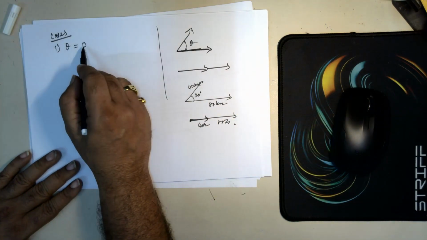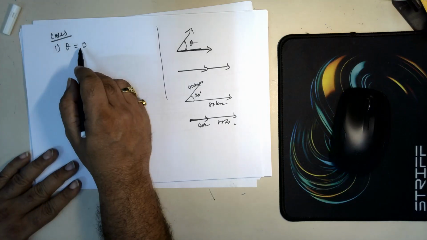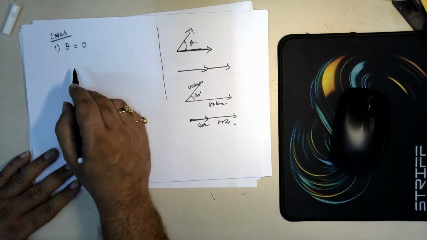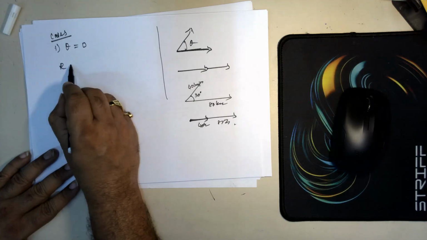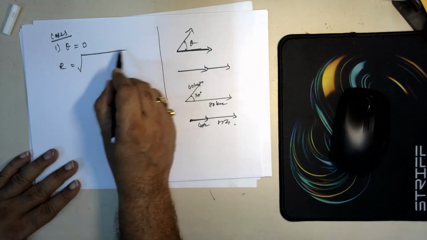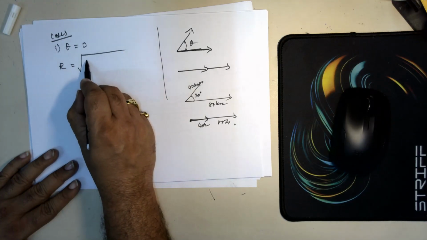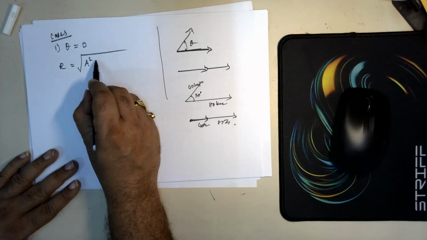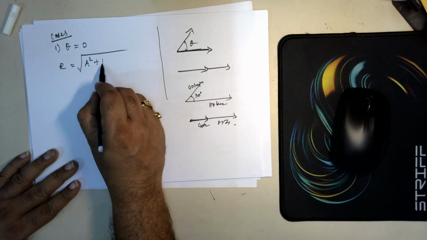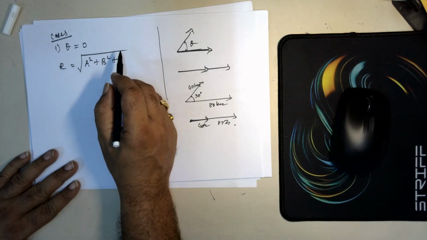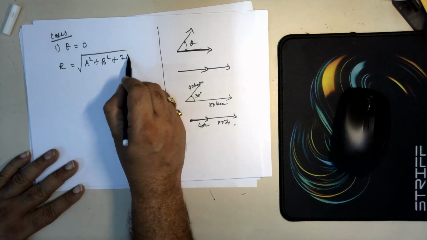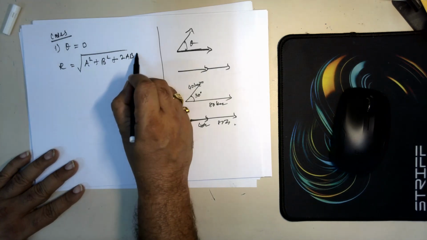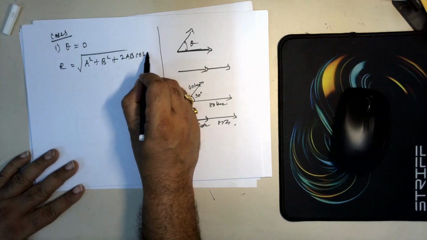So when theta is equal to 0, what do you understand from this? That is, R will be what? For example, R is equal to, what is the formula? The whole square root of a squared plus b squared plus 2ab cos theta, and instead of theta you will put 0.